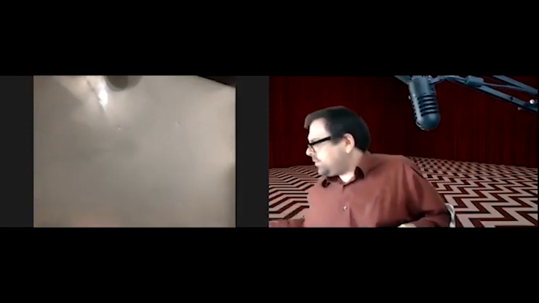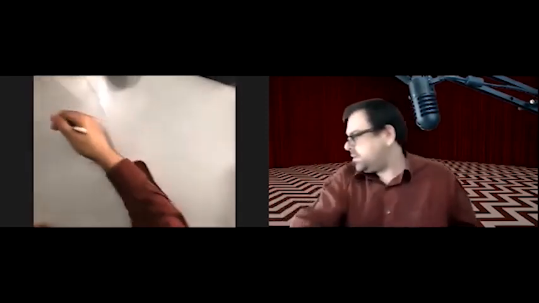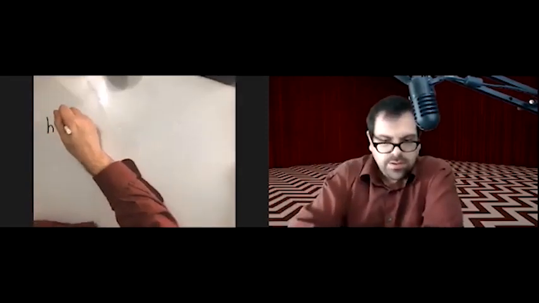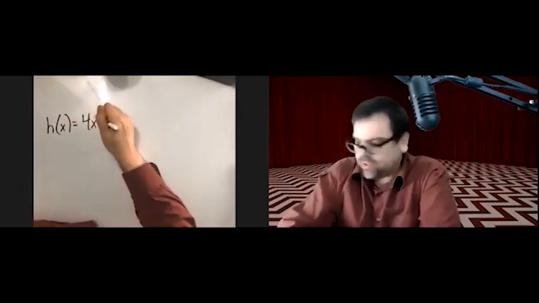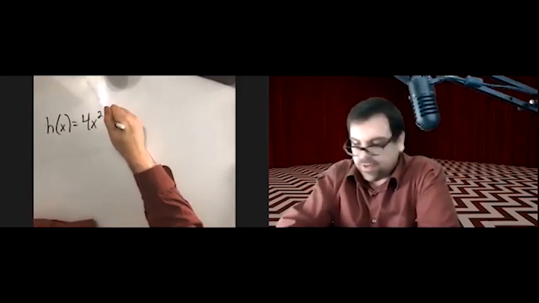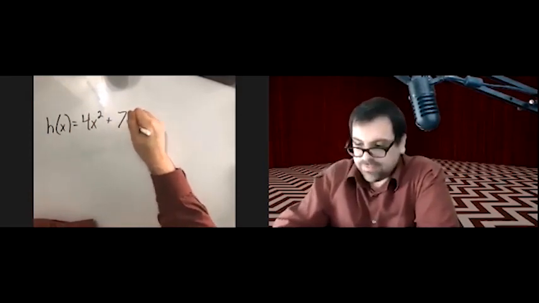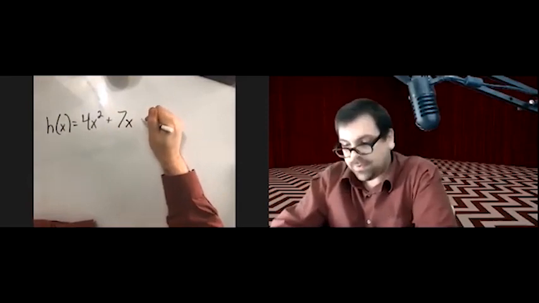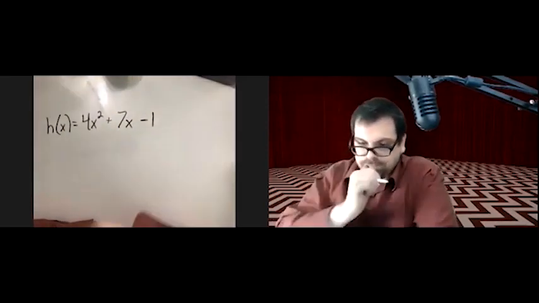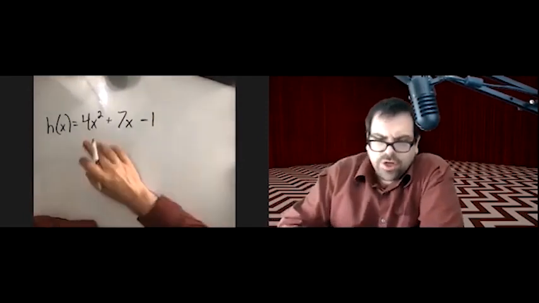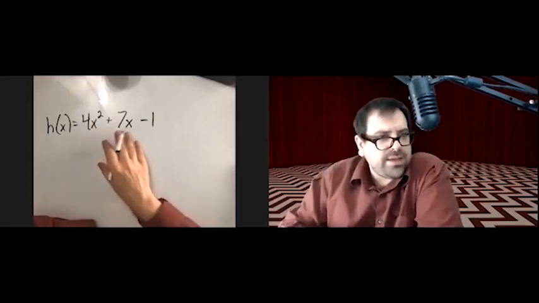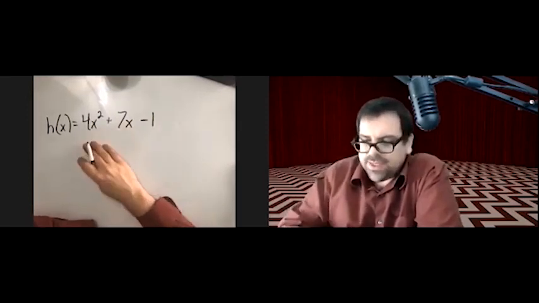Well, before I talk about what we have to look at, we should remind ourselves of some terminology that relates to polynomials and therefore to polynomial functions. The terms being things separated by plus and minus, so this has 3 terms.